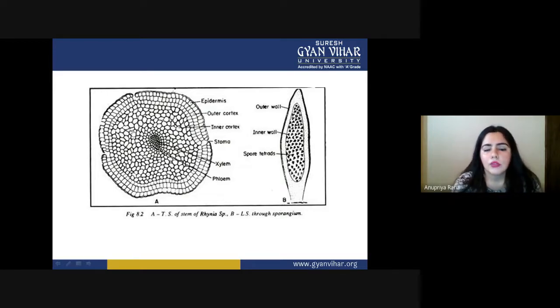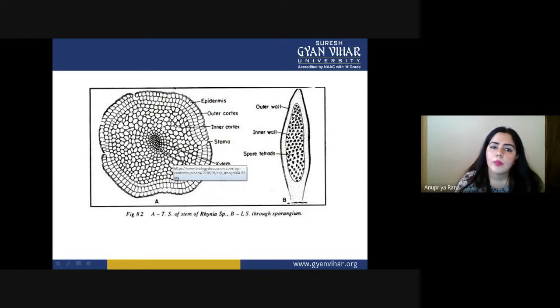We know the distance between two cells is known as intercellular space. So they have a little intercellular space when we are talking about the inner cortex. And also you can see stomata were present, and a centrally placed xylem core with a normal protostele.